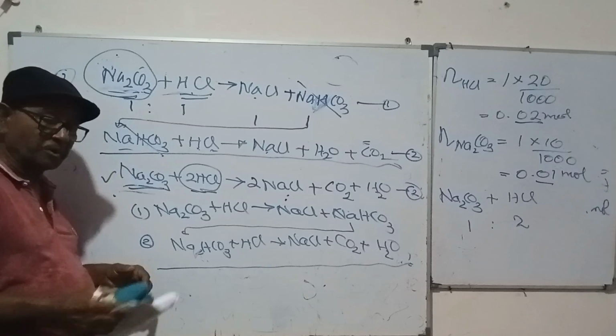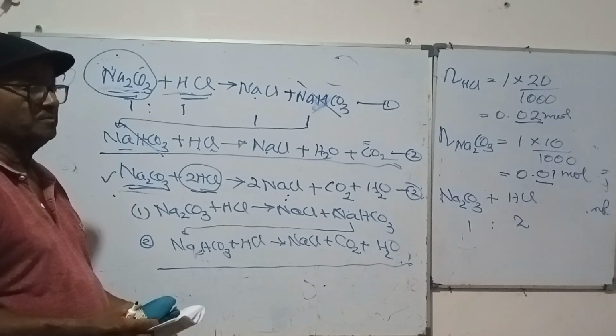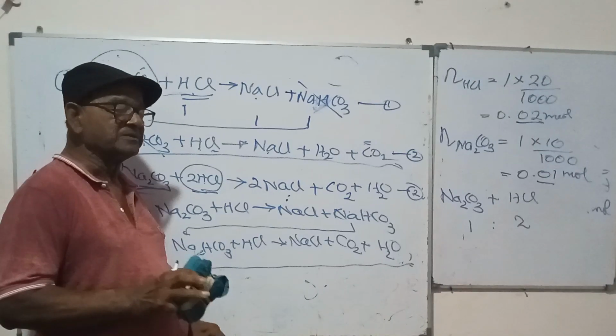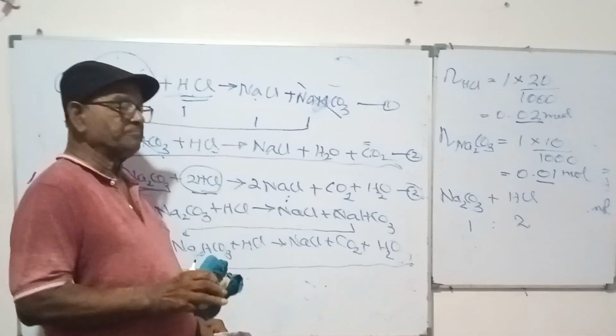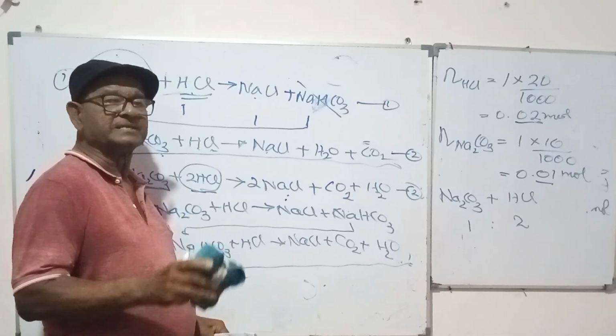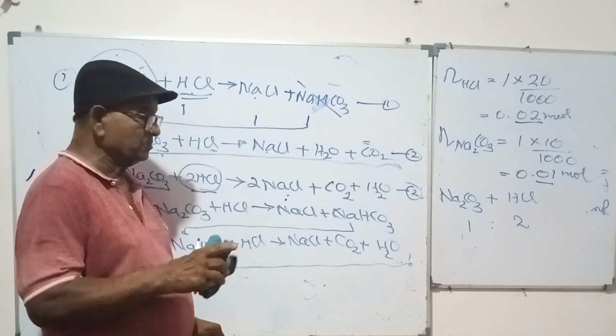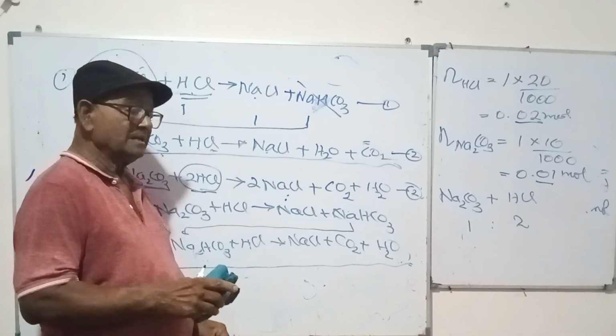Then this is very important for the calculations. You must know that sodium carbonate reacts with HCl in two steps. In the first step, it reacts in a 1:1 ratio, giving sodium bicarbonate, with no evolution of carbon dioxide.